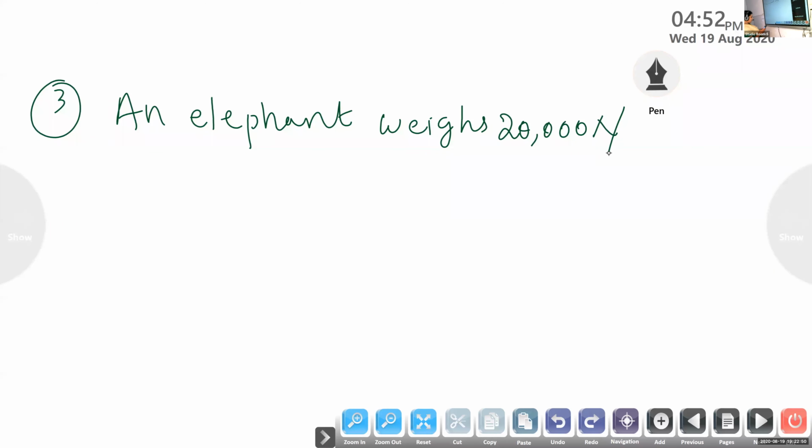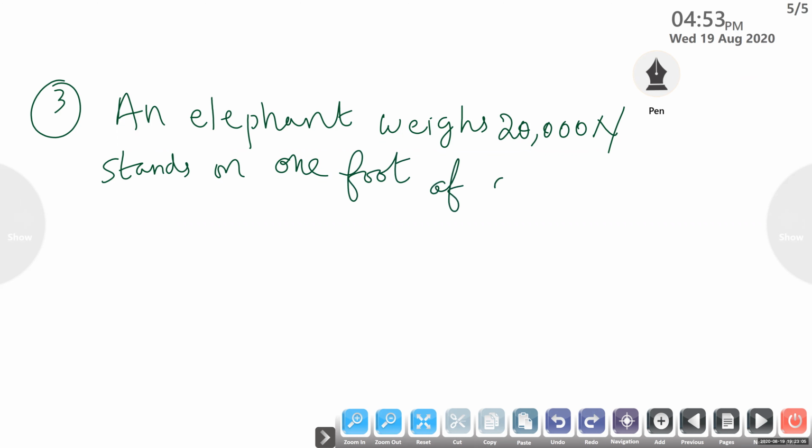But what's the problem with the elephant? It stands on a small foot. It is standing on only 1 foot, not 4 feet. On 1 foot of area 1,000 centimeter square.